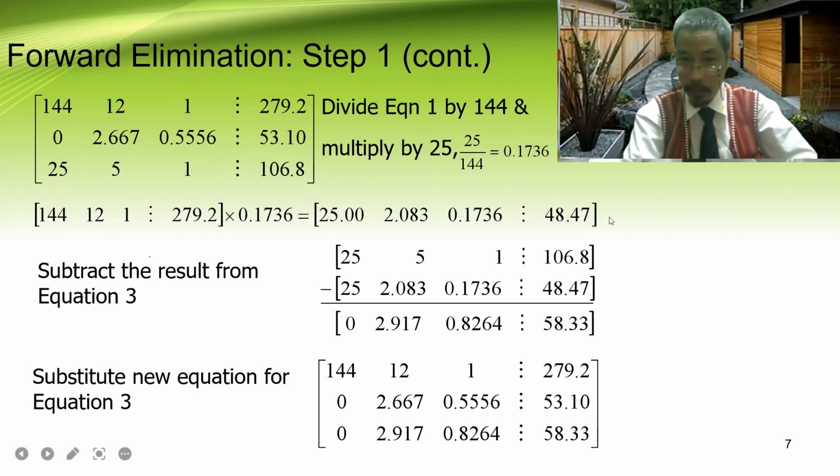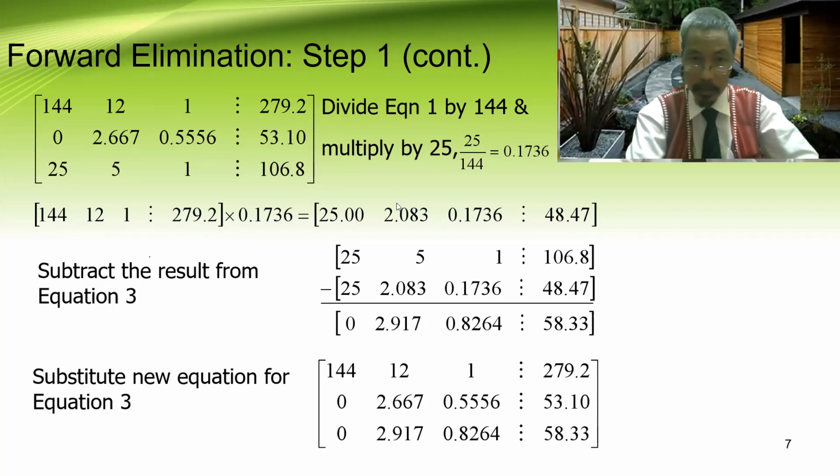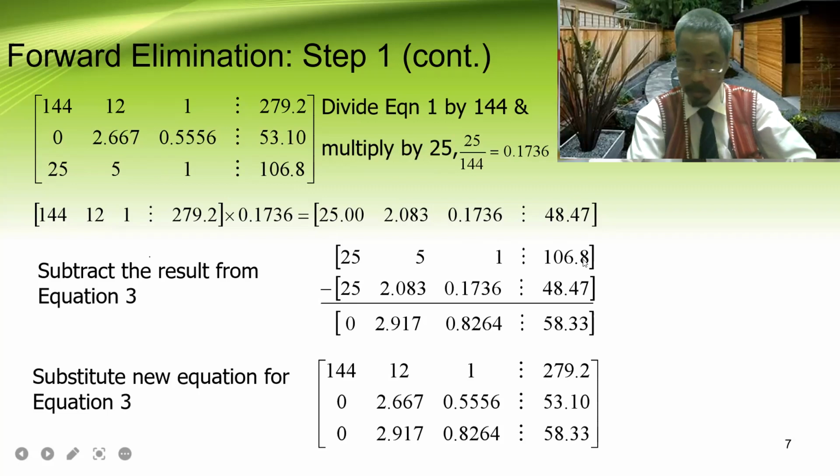Let us take note: the first term is 25. Subtract it from the third equation. The third equation is 25, 5, 1, and 106.8, as you can see here. So subtract our manipulated equation 1 from equation 3, and we will have 0, 2.917, 0.8264, 58.33.